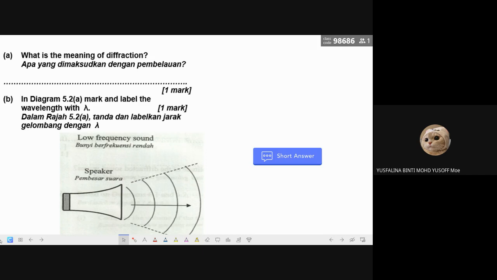And this one you have to mark and label the wavelength. So I give you the label here. Let's say this is A, this is B, and this is C, and this is D. So you can just use the words. You can use the letter there to represent the wavelength.